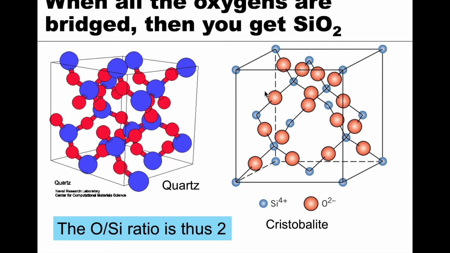And so in that case, the amount of oxygen is relatively low compared to the silicon. So 2 is our lowest. That's SiO2, right? So 2 over 1, that gives us 2. So these three-dimensional structures have this oxygen to silicon ratio of 2, and that means that the oxygens are all bridged in these structures.